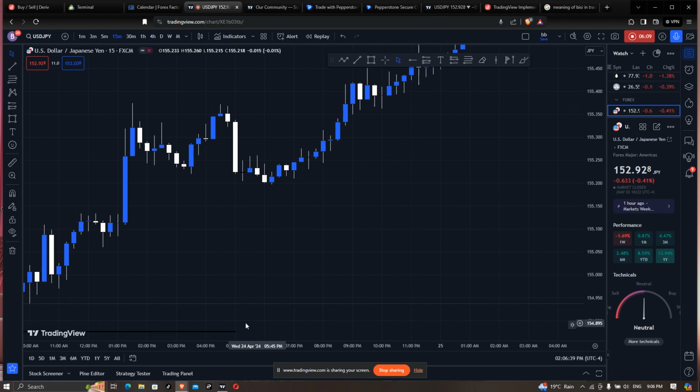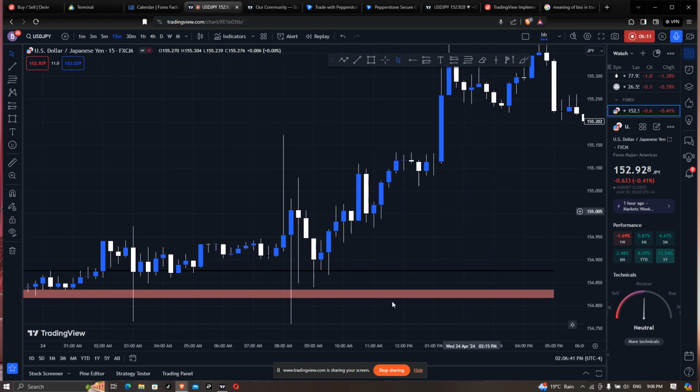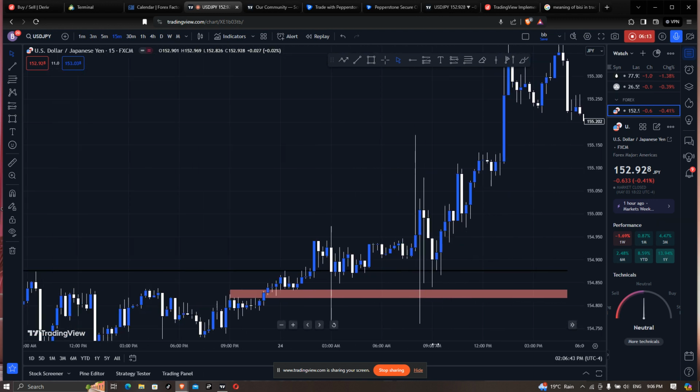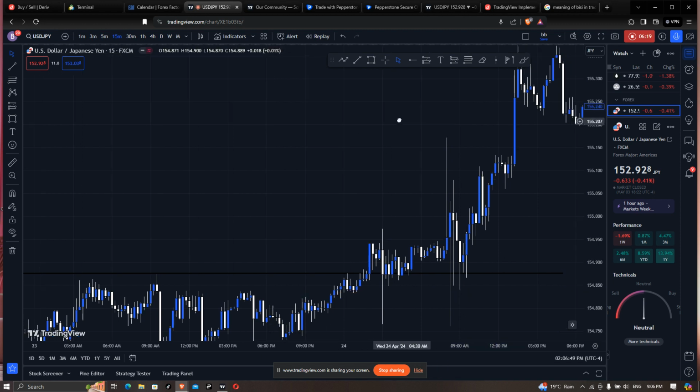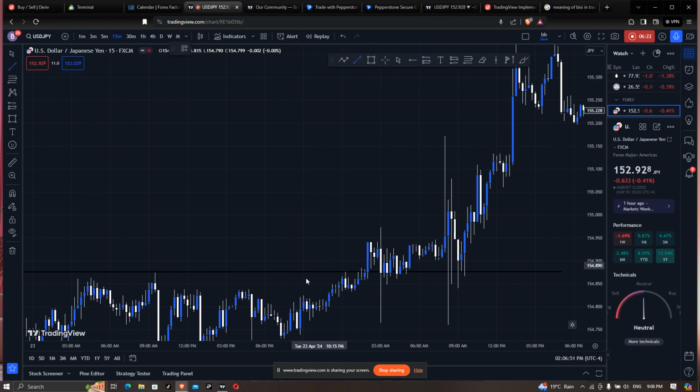So, in this case, you have to ensure that the trend is actually moving in one direction. So we have this as our change of character right here, the swing high that broke the body of the candle right there.